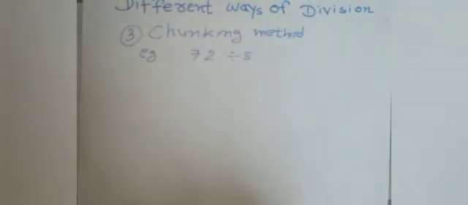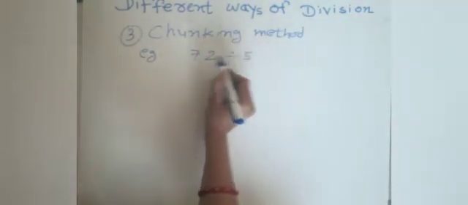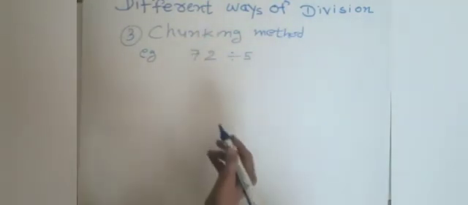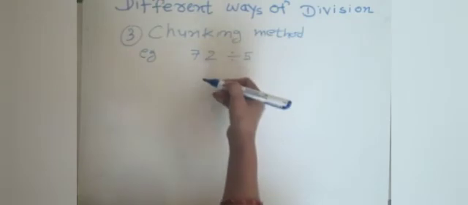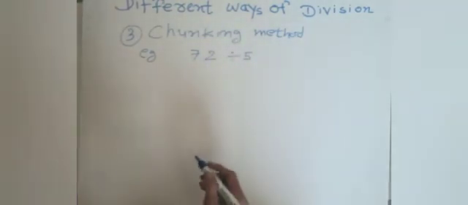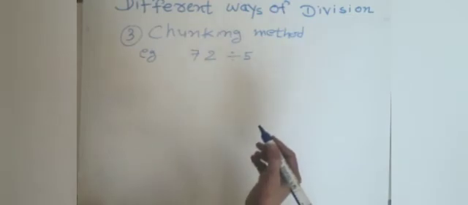In this method, we need to check how many times 5 goes into 72. It means how many times we subtract 5 and finally get the answer. So it is also known as the repeated subtraction method.